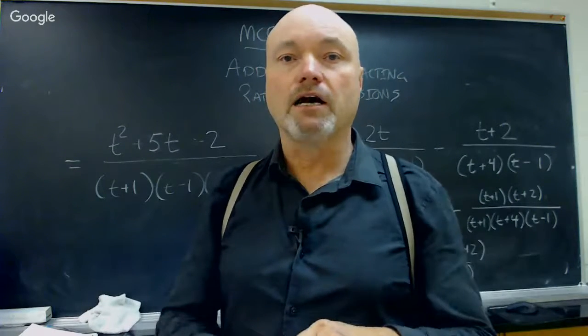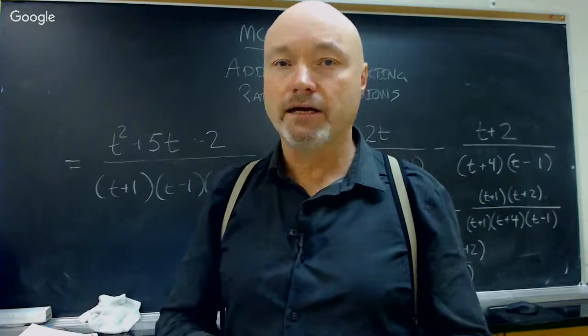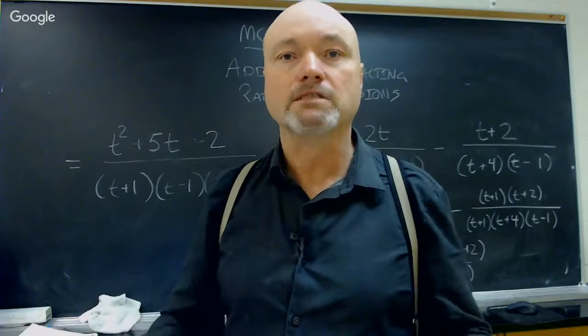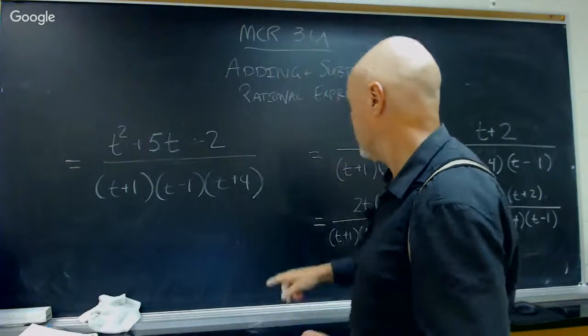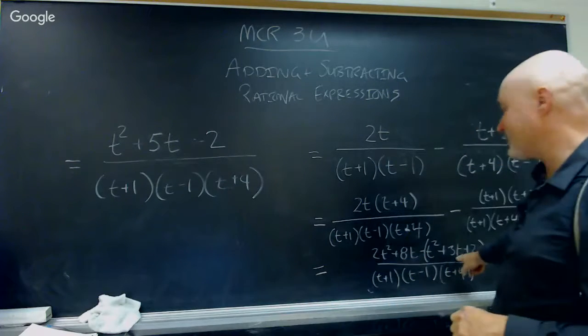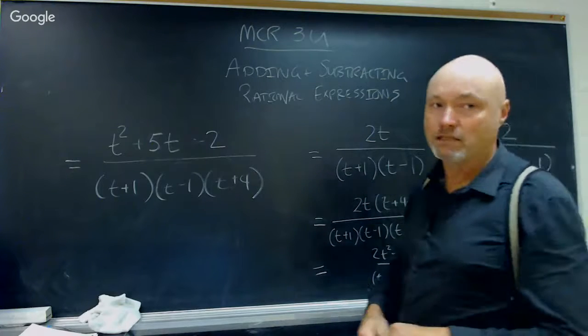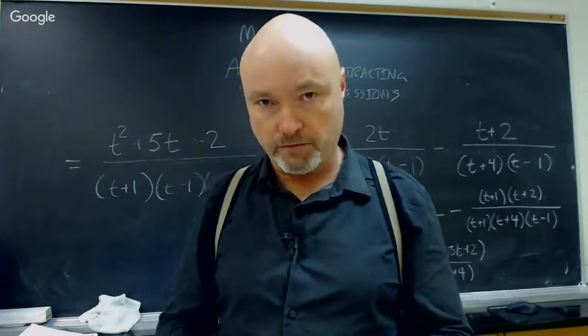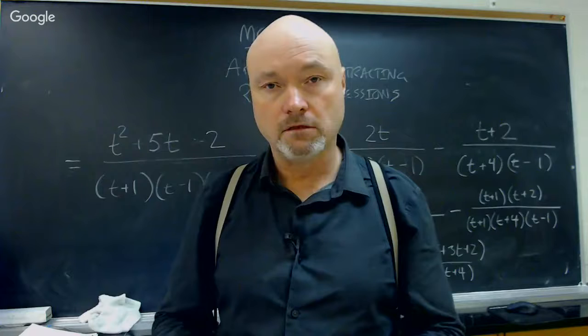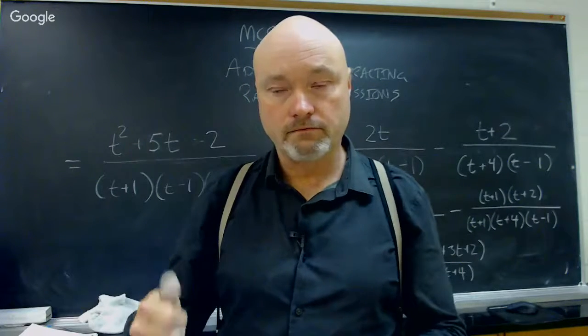It seems like a lot of math, but this is entirely mechanical. You can make mistakes like I did here. Remember, I did 8t and then I added 3t because I forgot about the subtraction. Those are relatively easy to sort out once you get doing them. Okay? Sound all right? Okay.